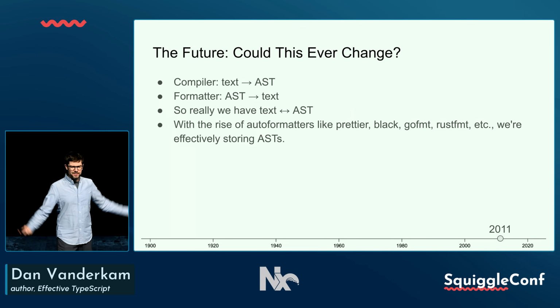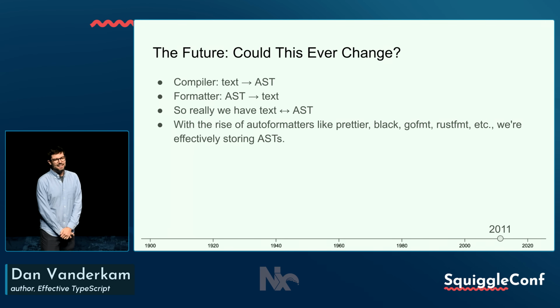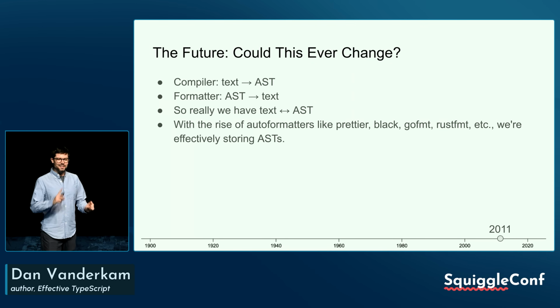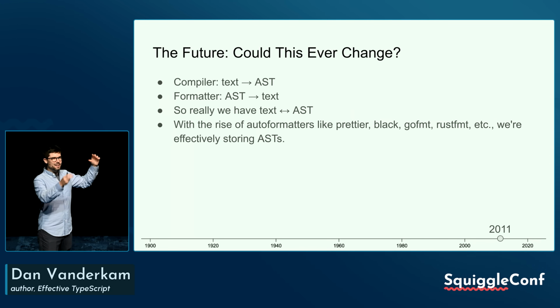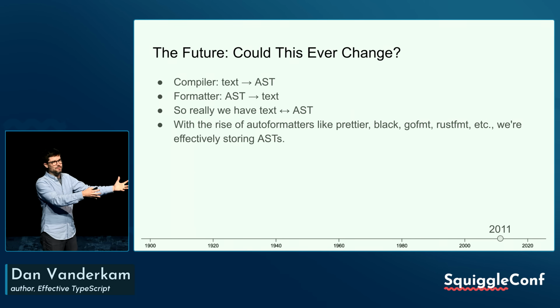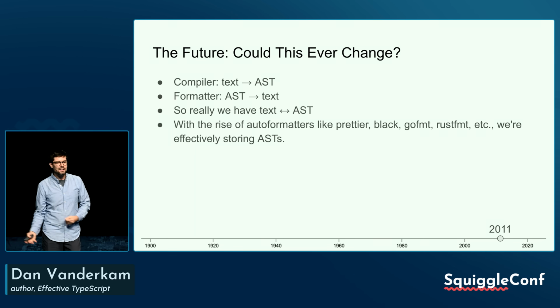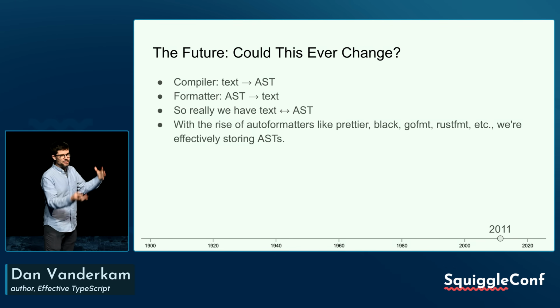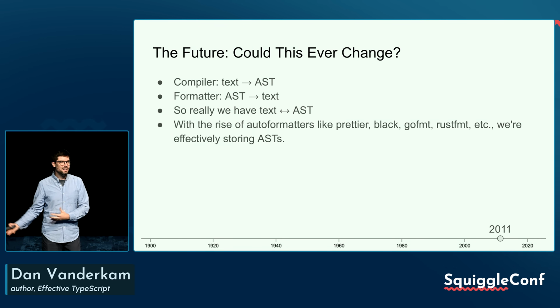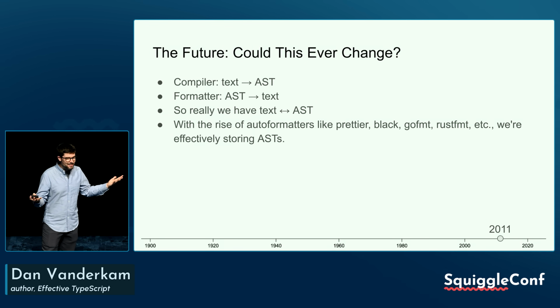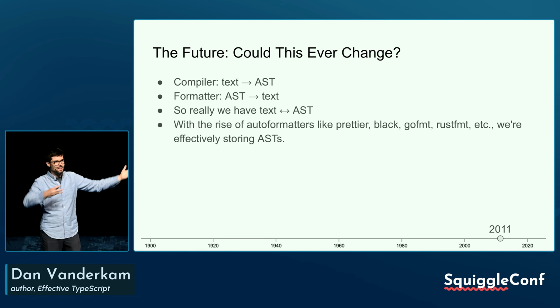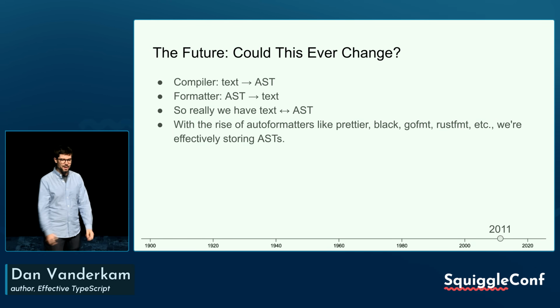So yeah, could this shift? I think in a subtle way it kind of has over the last 10 or 15 years. This is going to be a little mathy, but think about a compiler: part of it is going from the text of your program to an AST. A formatter goes from an AST to text. And so in math, if we have these two mappings, we can put them together and get a bidirectional mapping.